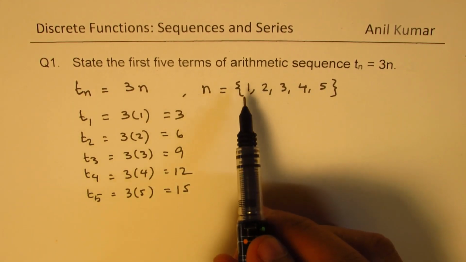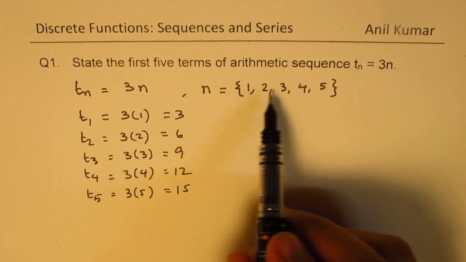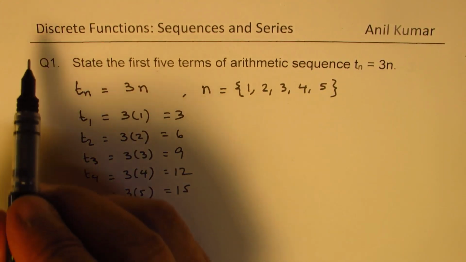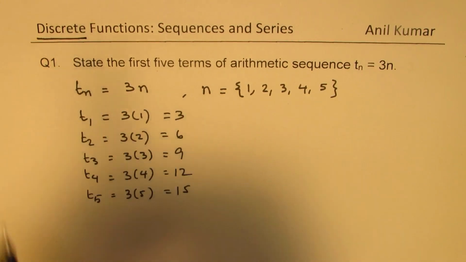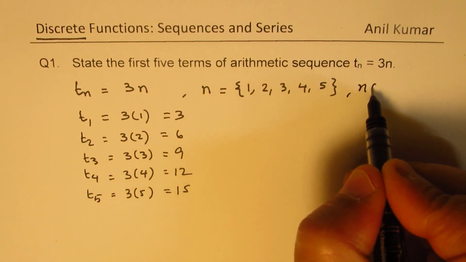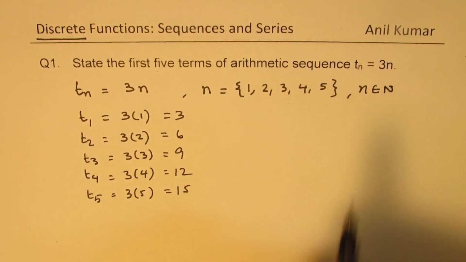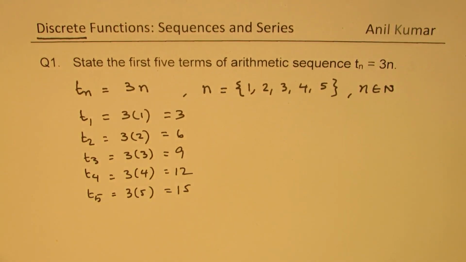So don't make the mistake of starting with 0. That's kind of important. Only natural numbers. When we talk about discrete functions, remember n belongs to the set of natural numbers. That may not be mentioned in your test paper, but that is assumed.